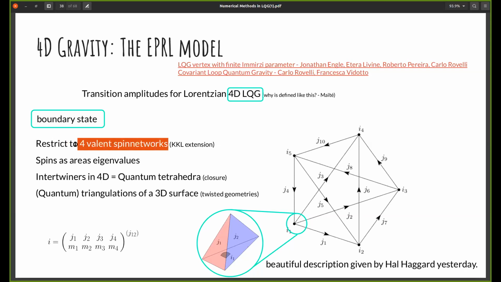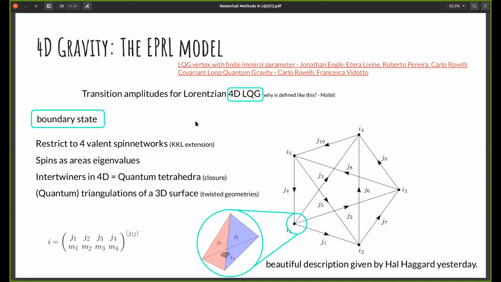So all the nodes of the spin networks that I'm writing transition amplitudes for are 4-valent. An extension of the Imperial model for general spin networks exists, the so-called KKN model, done by the Polish group in Berlin.